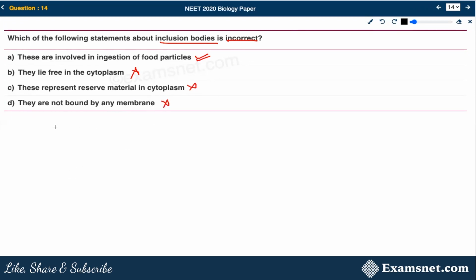So we can say that one of the most important properties of inclusion bodies is to be involved in ingestion of food particles.